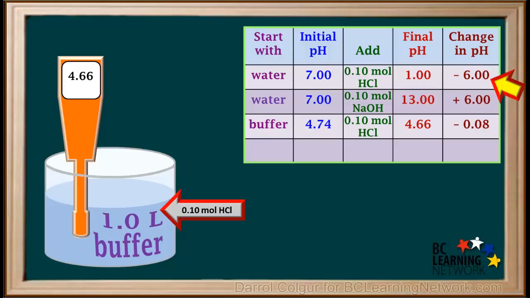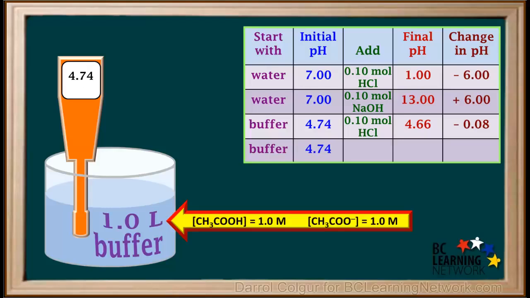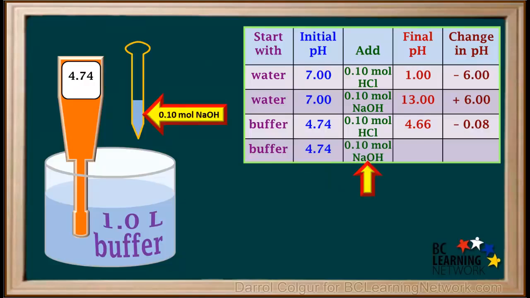Compare this with the very large drop of 6 pH units when 0.1 mole of HCl was added to unbuffered pure water. Now we'll go back and start again with our buffer solution that has an initial pH of 4.74. This time, we'll add 0.1 mole of the strong base NaOH to 1 liter of this buffer solution and see what happens. Make a prediction.